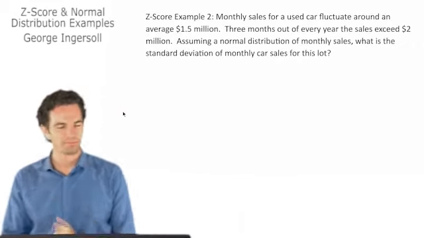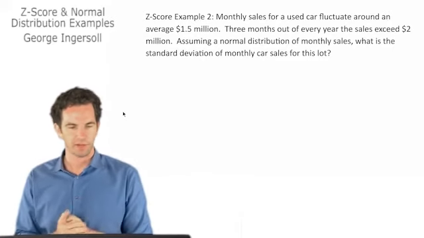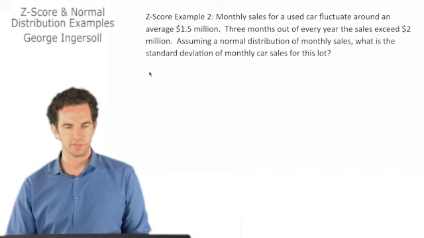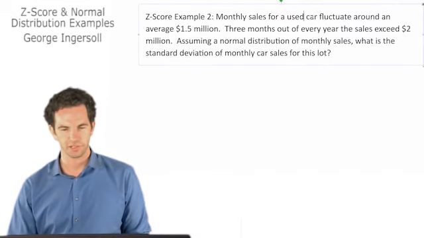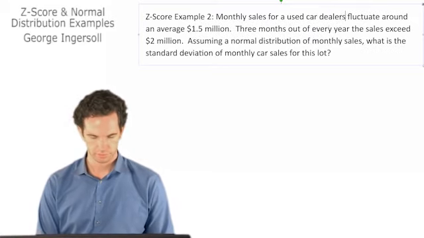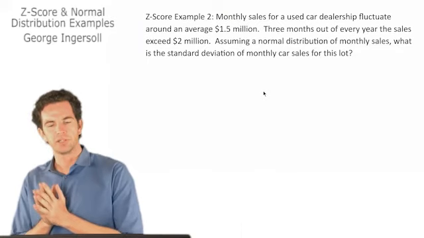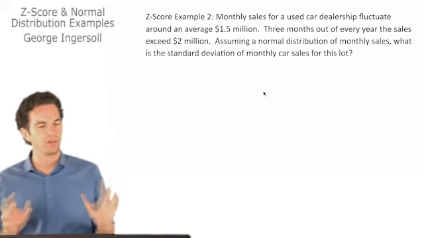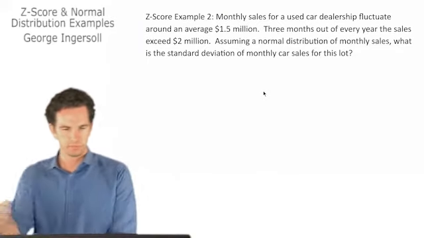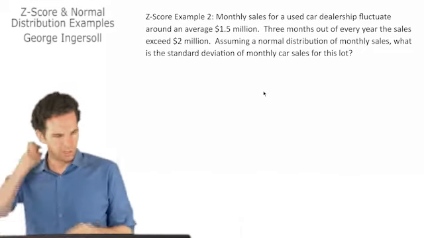Next example. Monthly sales for a used car dealership fluctuate around an average of 1.5 million. 3 months out of every year, the sales exceed 2 million.